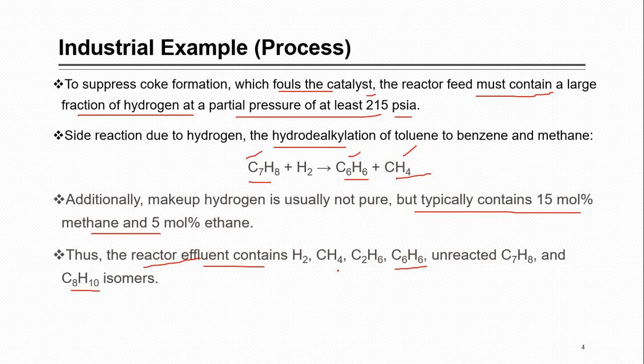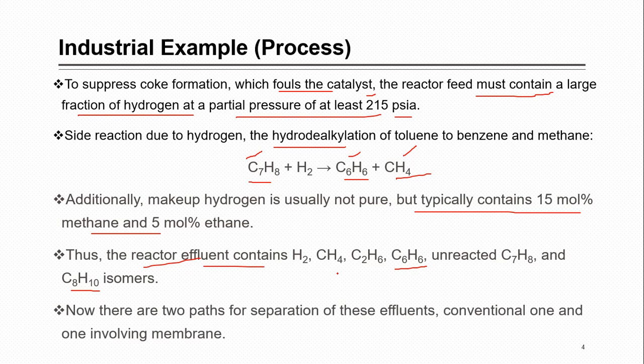To do this separation, there are two ways you can adopt. One was the conventional one, which was used earlier and is not used these days, and the other involves a membrane, which is the common one these days. The conventional process didn't involve any membrane, but now we have systems which involve a membrane.